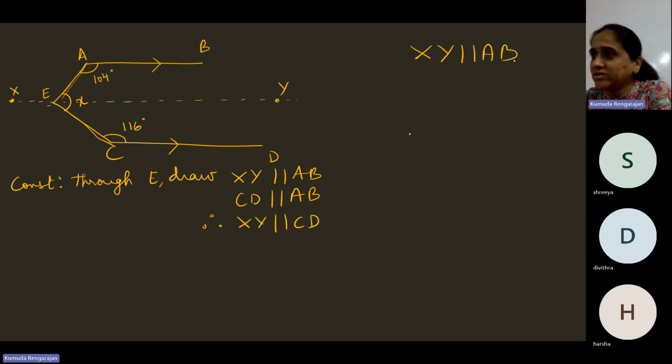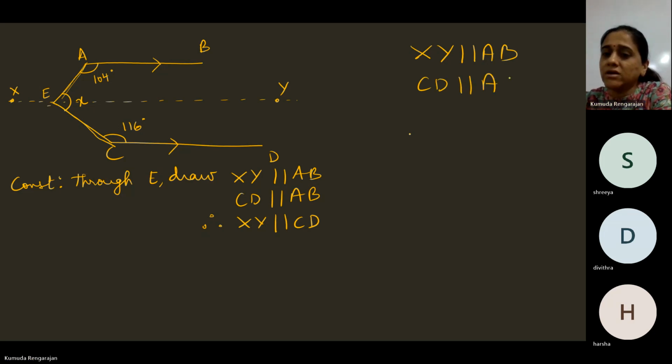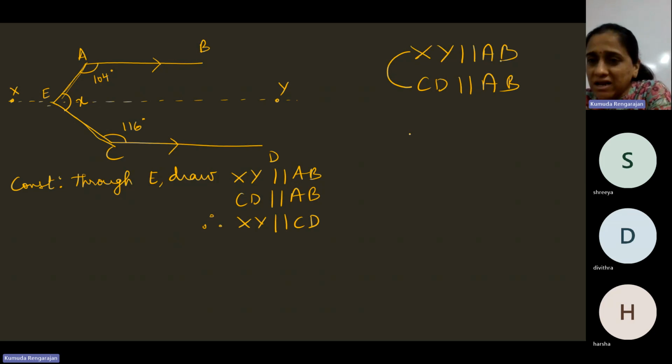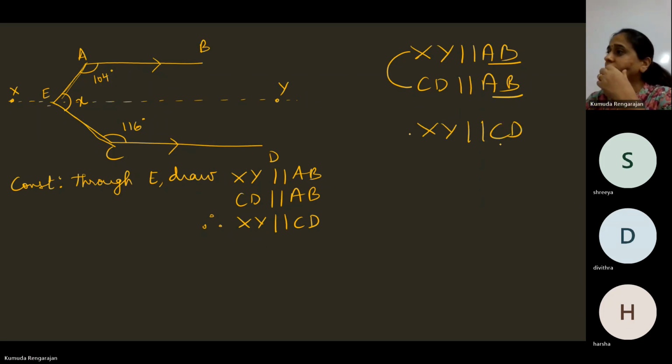Now XY is parallel to AB, but we already have CD parallel to AB. So XY and CD are two lines parallel to the same line AB. So they are parallel to one another. Therefore, XY is parallel to CD. That means now all the three lines are parallel to one another.